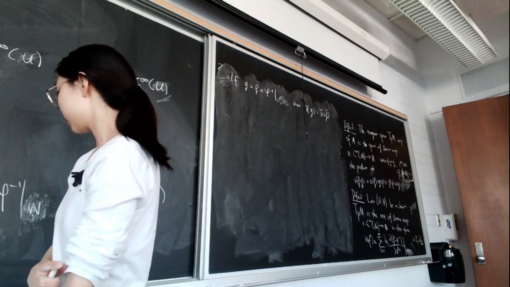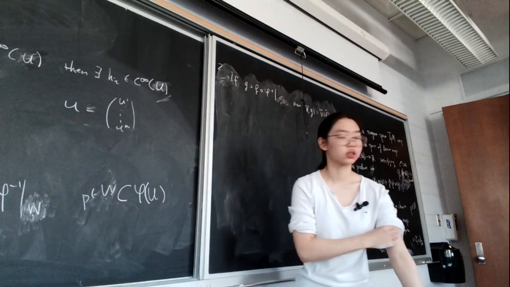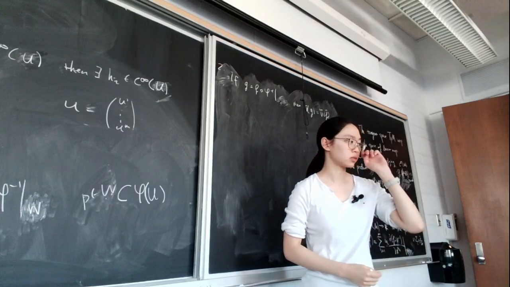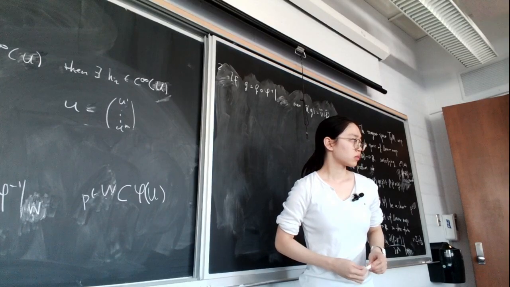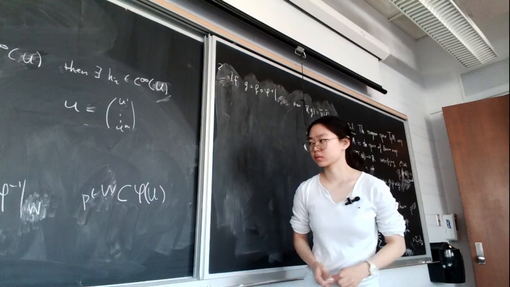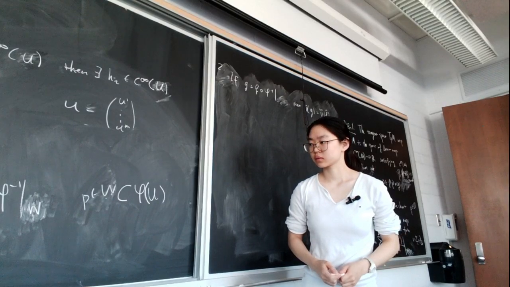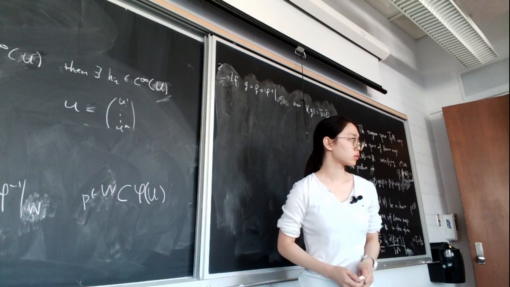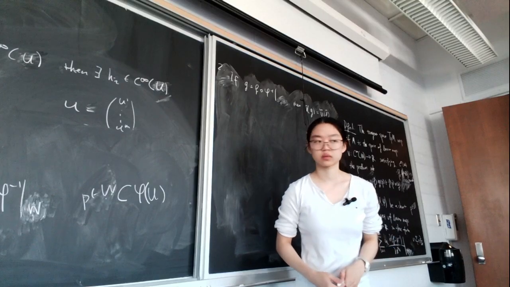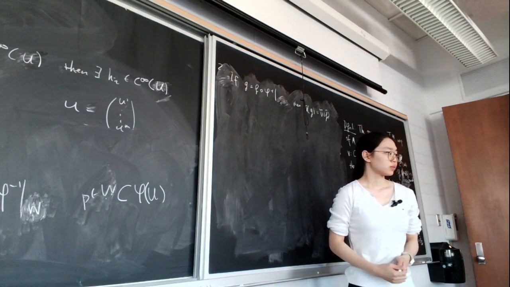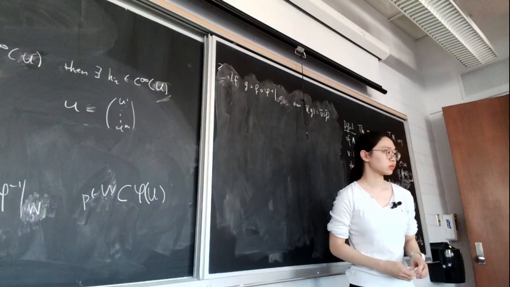The claim is I want to define something that takes in functions in coordinates in a particular coordinate chart and outputs a number. I want to use V to be something that takes in maps defined in a coordinate chart.